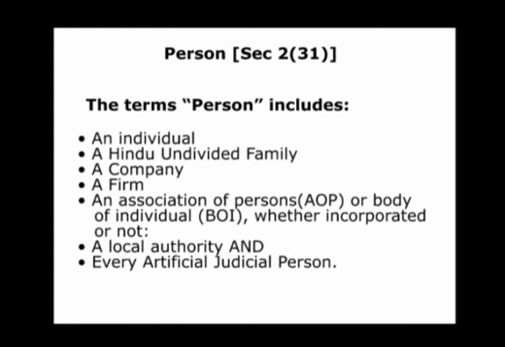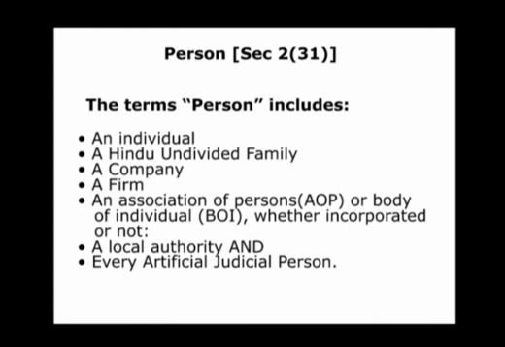what? It includes number 1, individual; number 2, HUF, Hindu undivided family; number 3, a company; number 4, a firm; number 5, an association of persons, AOP, or body of individuals, BOI, whether incorporated or not.